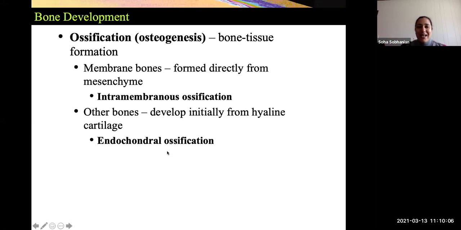So when you look at this word, endochondral ossification, it literally means bone formation from inside the cartilage. So most of the bones in your body actually started as cartilage and then converted to bone. I know, I think it's absolutely awesome.